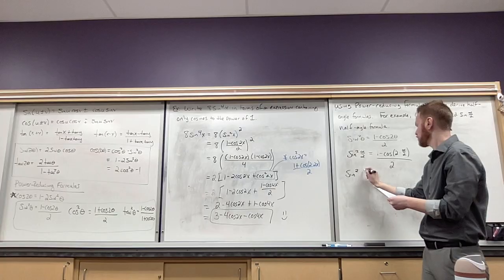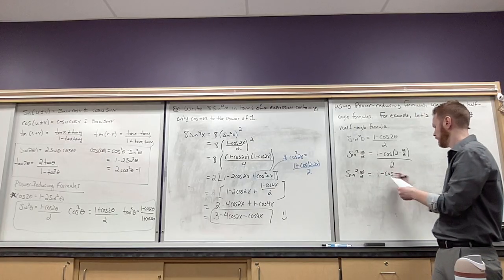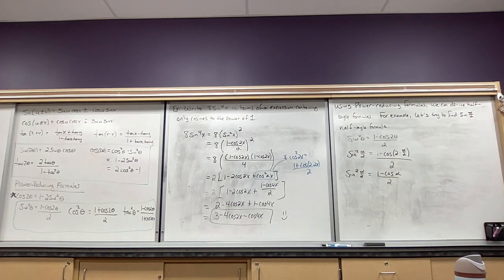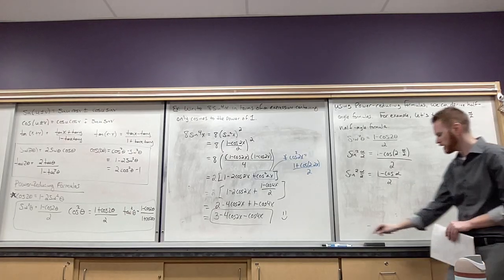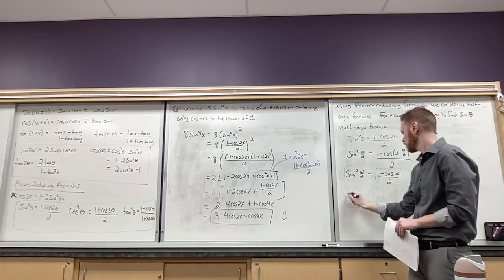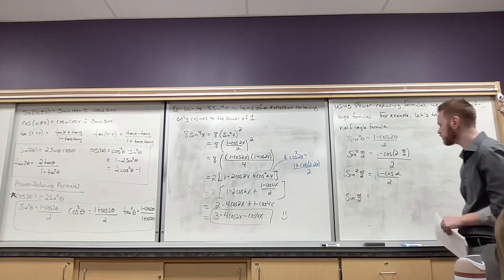We get sine squared of alpha divided by 2 equals 1 minus cosine of alpha, divided by 2. So the 2's reduced out, I just give what alpha's left. And then notice that I want this by itself. There is an exponent. So for my last step, I'm going to take the square root to both sides to finish it. So we get sine of alpha divided by 2 is equal to.